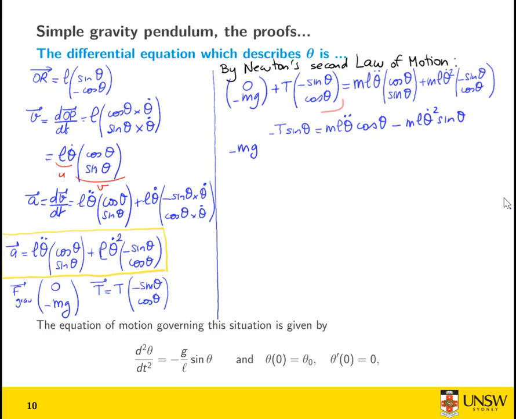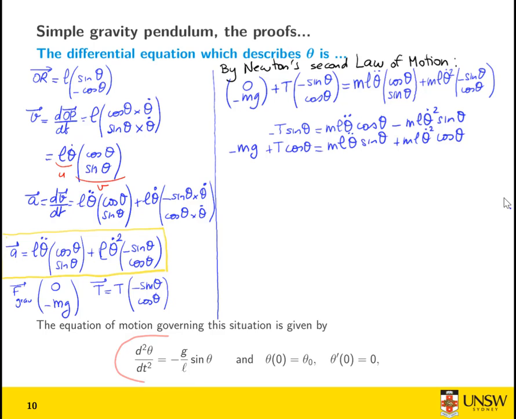And now, when a number multiplies a vector, this number really multiplies each coordinate. So my second coordinate will be T times cosine theta. And same thing for the next one, the number ml theta double dot multiplies the second coordinate of sine theta plus ml theta dot squared cosine theta.